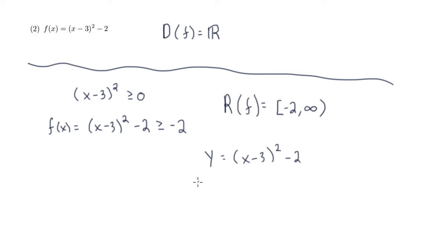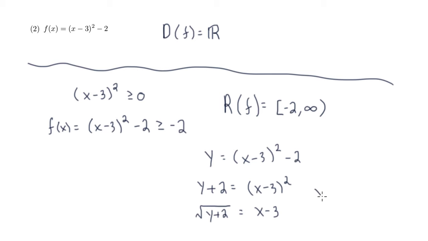So I can add 2, and then we have (x minus 3) squared. I'm going to take the square root of both sides. So I have the square root of y plus 2 equals, well, really I'm going to get the absolute value of x minus 3, but I'm just looking for one x. So let's just take the positive square root, so x minus 3.